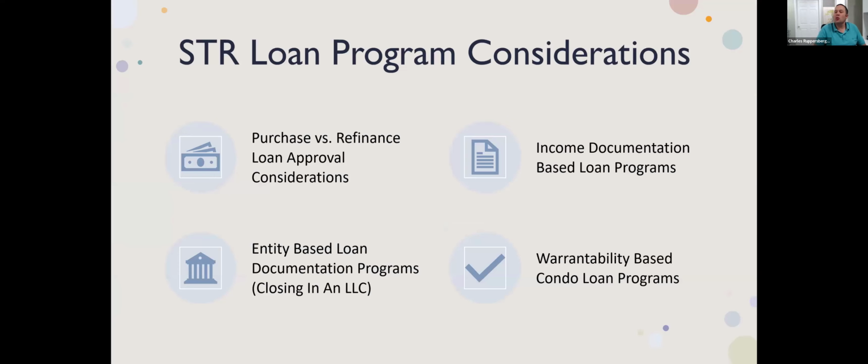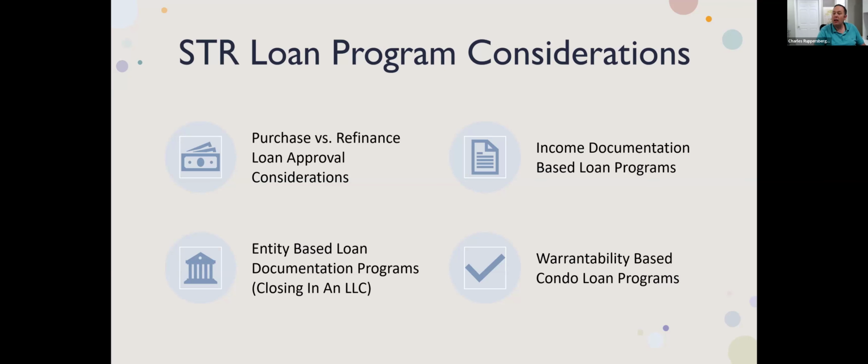Okay, so the short-term loan program considerations we talked about. The key pieces when it comes to short-term rentals are looking at the loan income: how are you going to qualify from an income standpoint? How do you want to close on the short-term rental? Is it going to close in an LLC or your individual name?